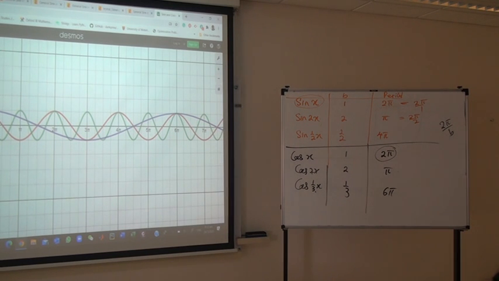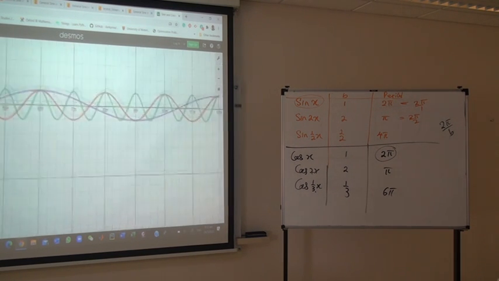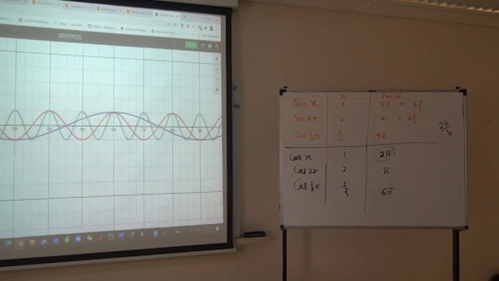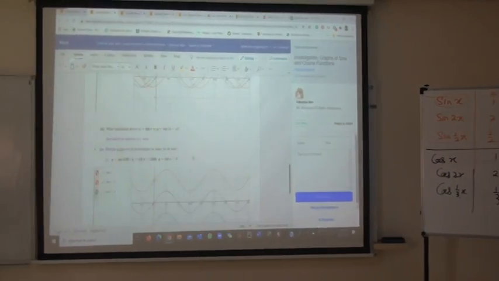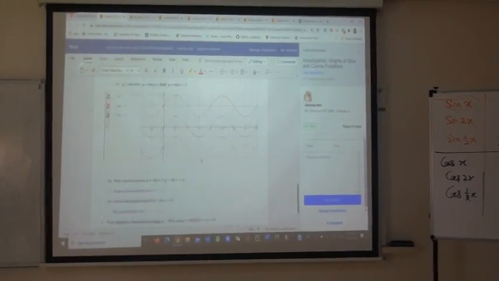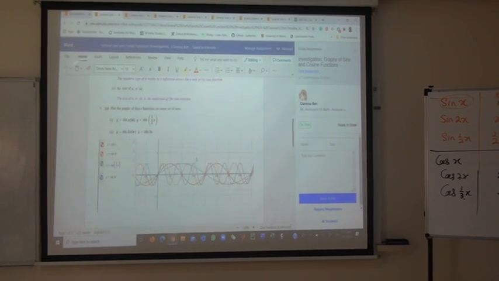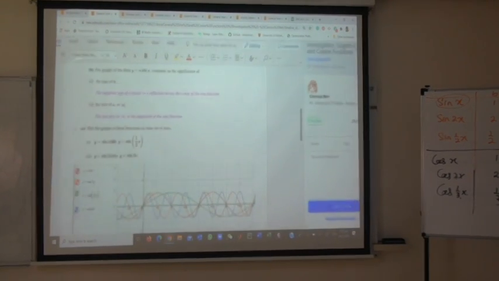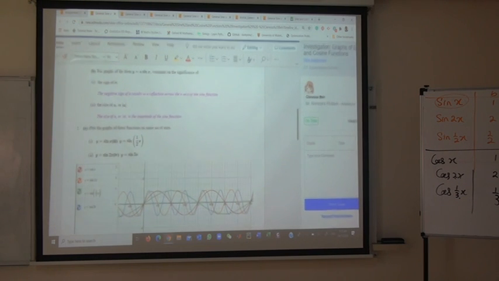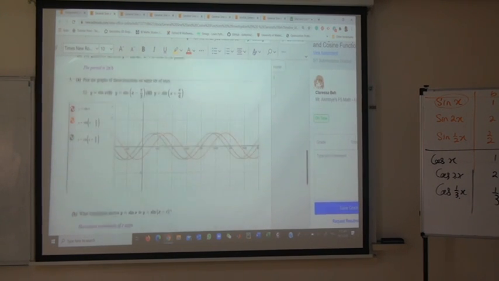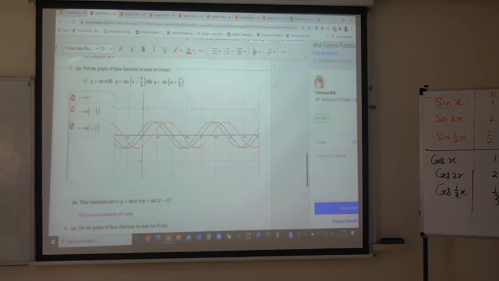Almost everybody that submitted this figured that out. Alright, so quickly, because of our time. Here is another part of the investigation. Okay, we figured this out already. So we noticed that when we had something in the bracket, it moves it.